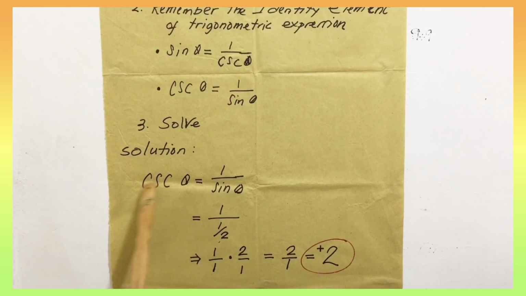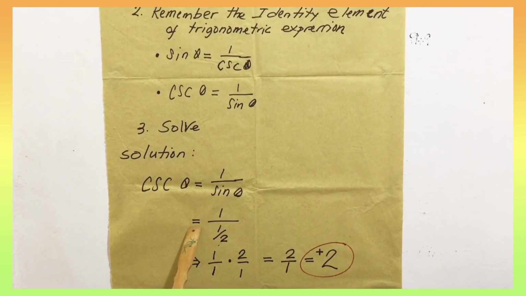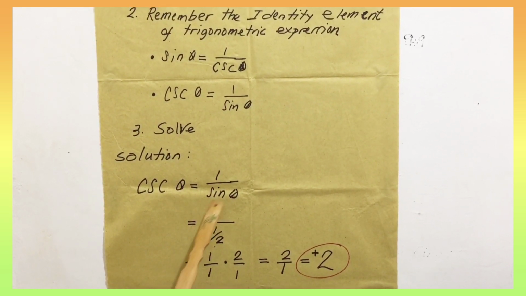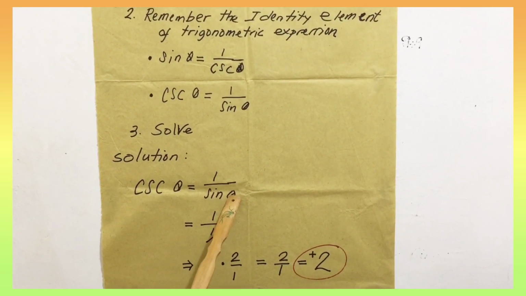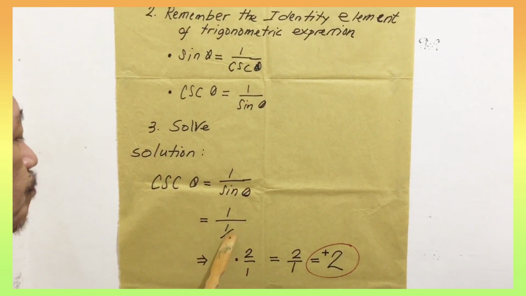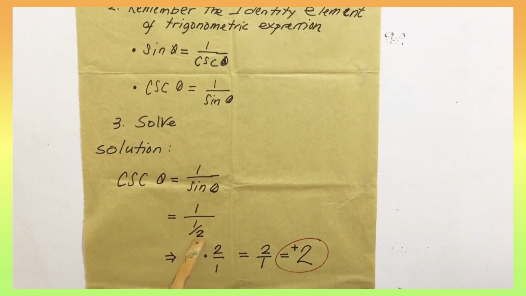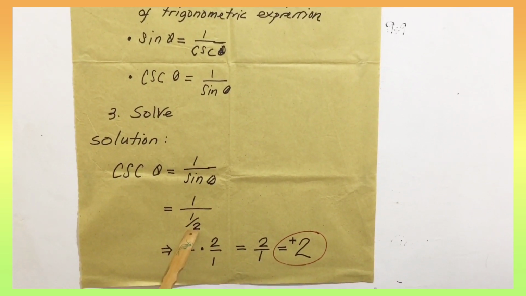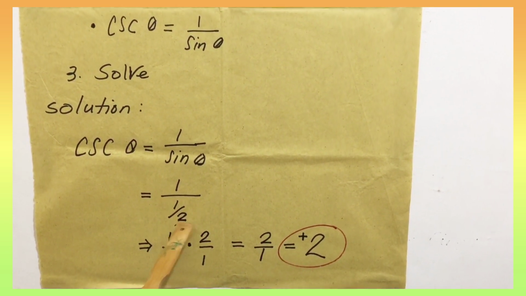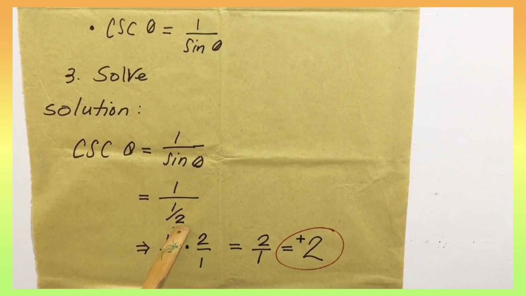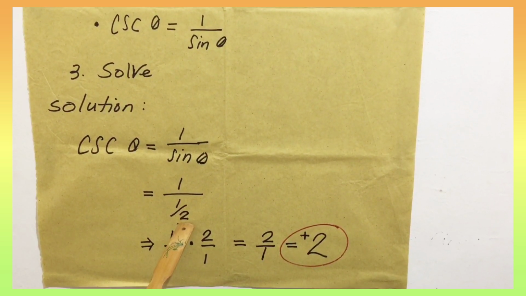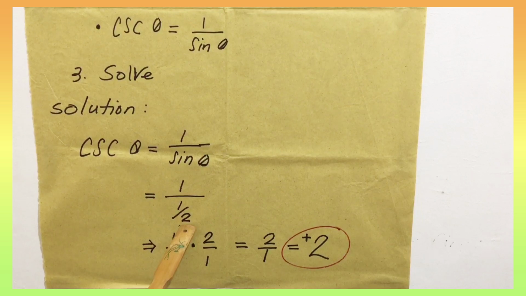And then cosecant theta is equal to 1, copy the denominator, the line here, and the value of sine theta is equivalent to 1/2 right here. Since it's a complex fraction now, 1 over a fraction, 1/2, to find the answer for this fraction, we're going to use the reciprocal method.